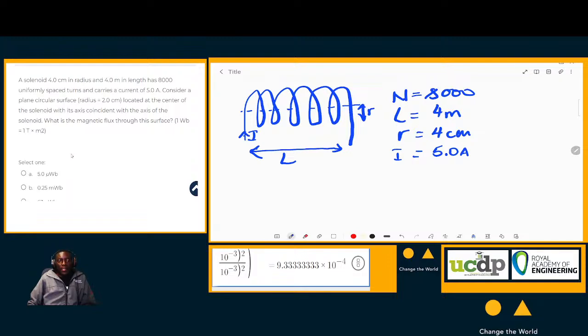Consider a plane circular surface. So we have a surface, plane circular surface will be something like this. A plane circular surface located at the center of the solenoid with its axis coincident with the axis of the solenoid. So the axis there is coincident with that of the solenoid.